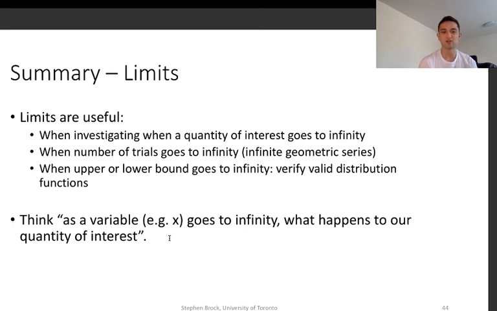When the number of trials goes to infinity, such as an infinite geometric series, then limits will come in handy. And when upper or lower bounds go to infinity, this allows us to verify valid distribution functions. When you think about limits, I want you to think of a variable, for example x, going to a certain value or infinity, but isn't at infinity. What happens to our quantity of interest? If we're curious about this, that's when we use limits.